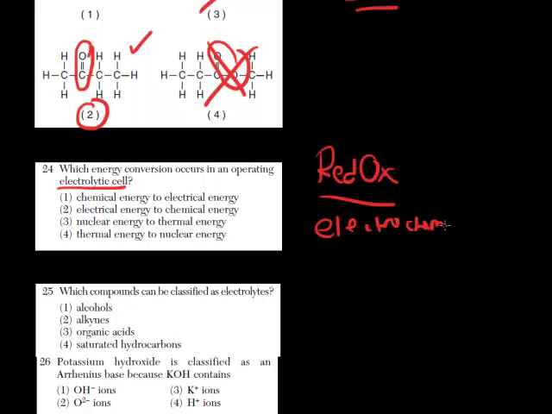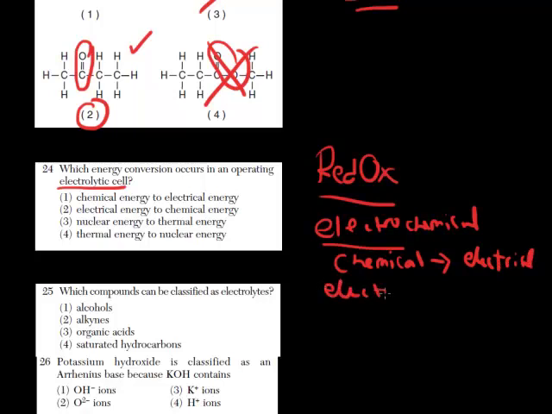Electrochemical is a cell in which a chemical reaction will generate electrical energy. And an electrolytic cell, you have to supply the energy. So we go from electrical, usually from a battery, and it generates a chemical reaction that normally would not occur.